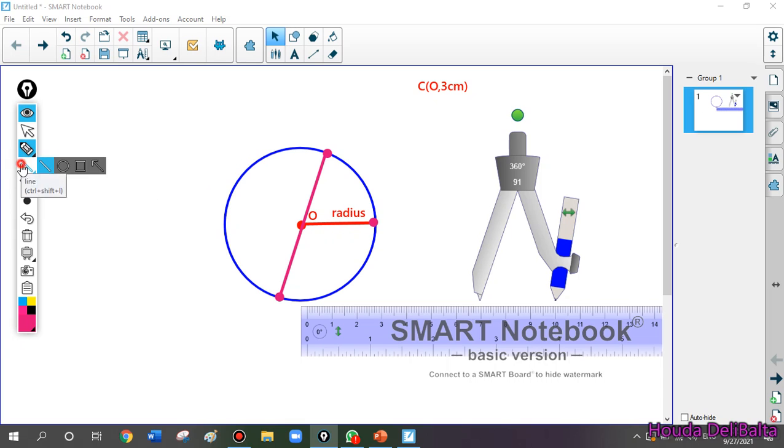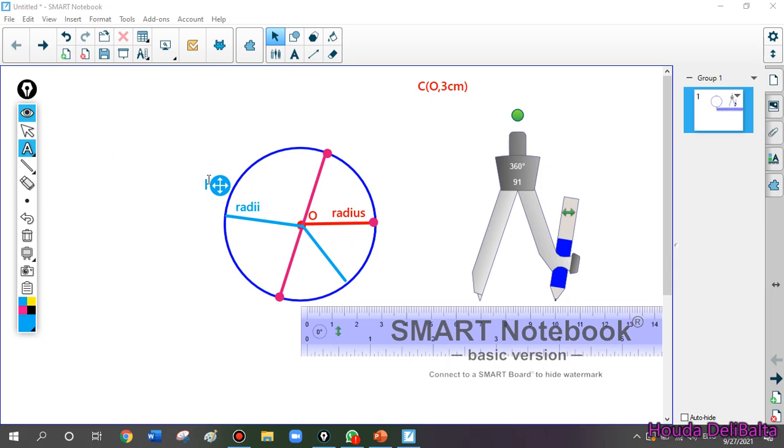I can draw another radius, for example here, and here. The plural of radius is radii, so what I just drew are called radii.